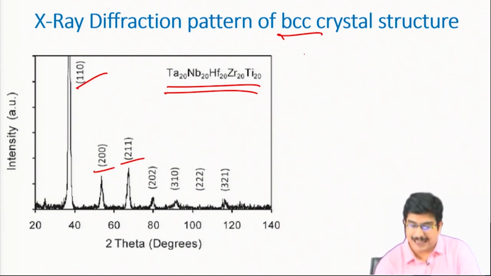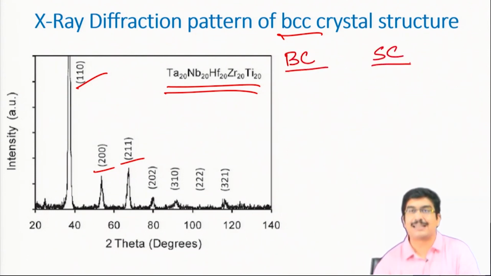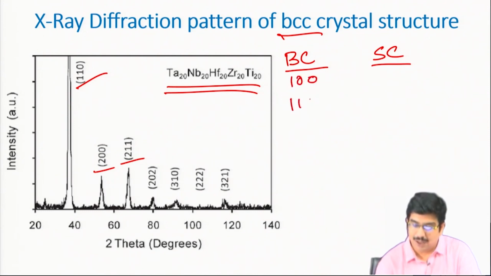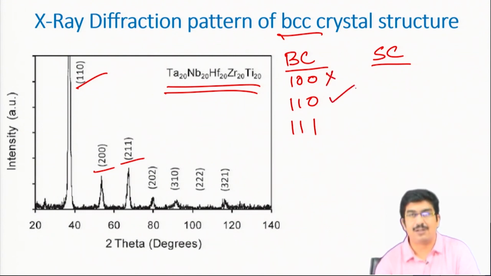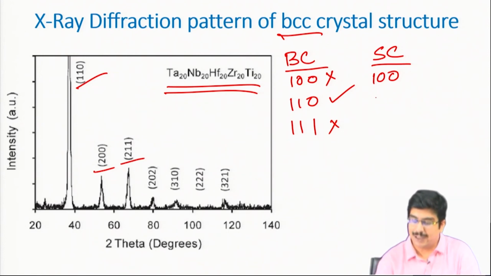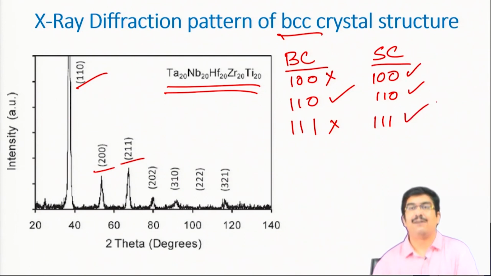So what you can see here for this BCC, versus if you take something like SC, simple cubic. For BCC, because of this restriction, if I take 100, 110, 111, then 100 is not possible, 110 yes, 111 not possible again. If I take simple cubic, then we already know that for simple cubic the structure factor is independent of hkl. Any combination will give you a certain amount of intensity, so all of them can have an intensity.